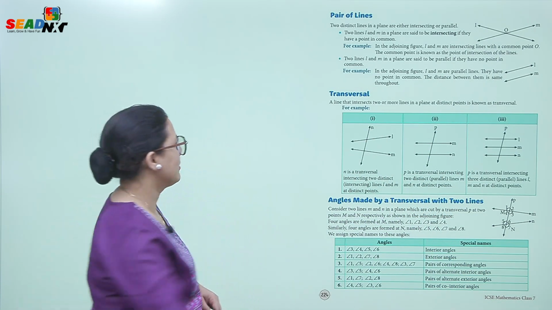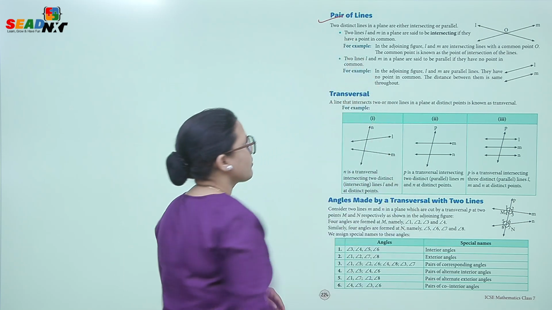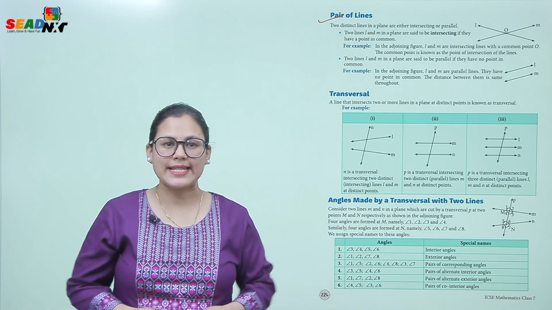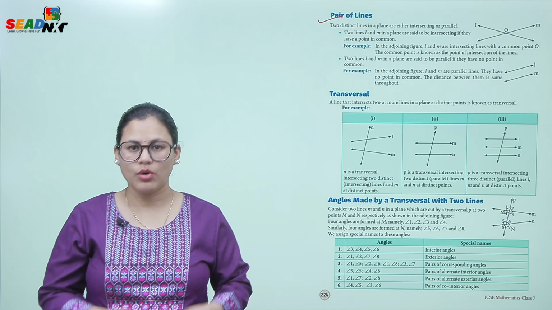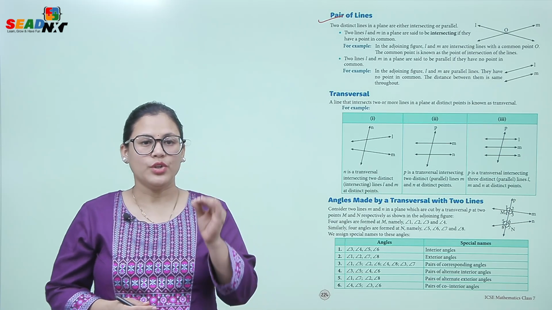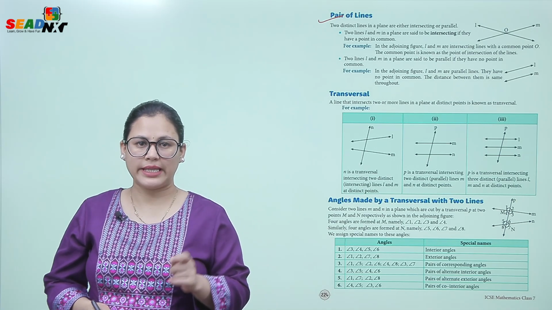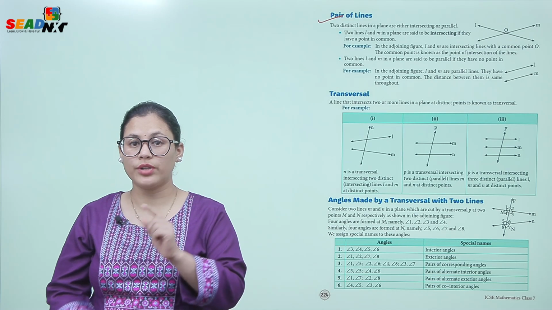Pair of lines. 2 distinct lines in a plane are either intersecting or parallel. Two lines L and M in a plane are said to be intersecting if they have a point in common.